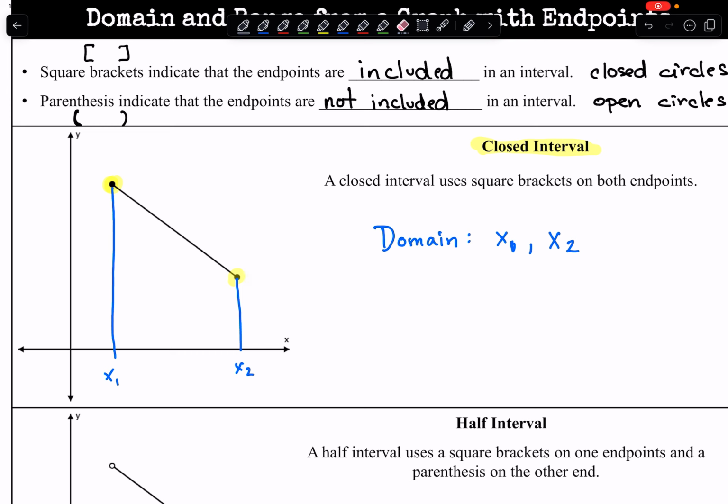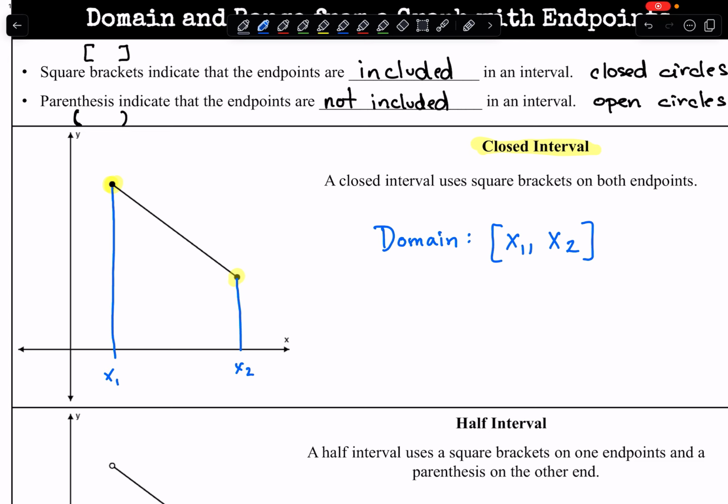We're going to look at how far to the left and how far to the right the graph is going to exist. So here, the way we identify the domain for this type of example is that we make an interval of x1 to x2, and because both endpoints are closed, we use square brackets to indicate that we have a closed interval. And the same thing with the range.